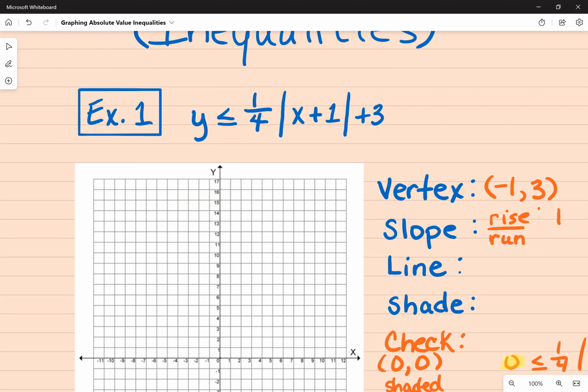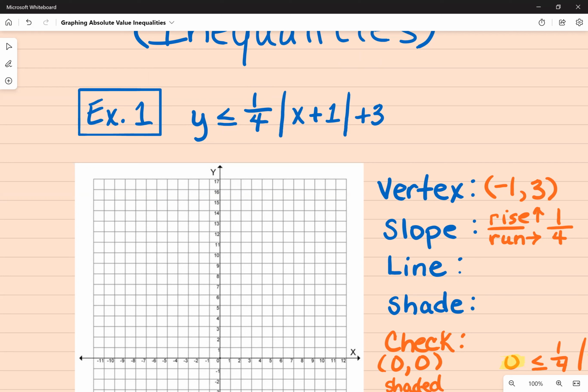Rise means up or down, depending on the sign, and then run means left or right, again, depending on the sign. In this instance, 1 is going up, and then 4 is going to the right. Well, I can also do -1 over -4, which is going to be the same thing. You'll see what I mean in a minute.